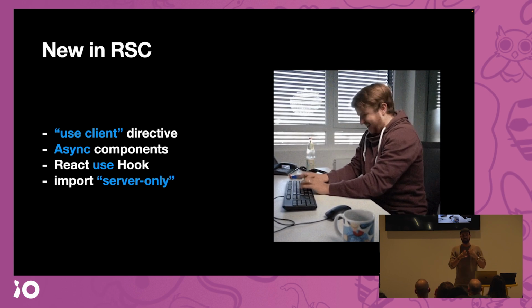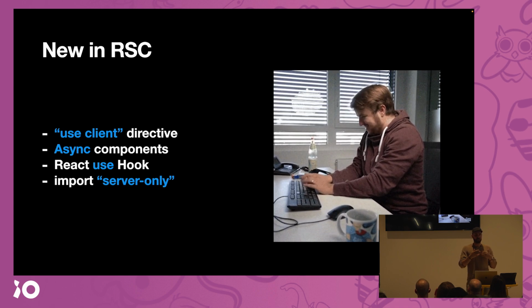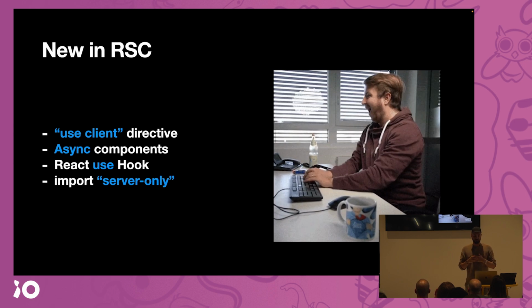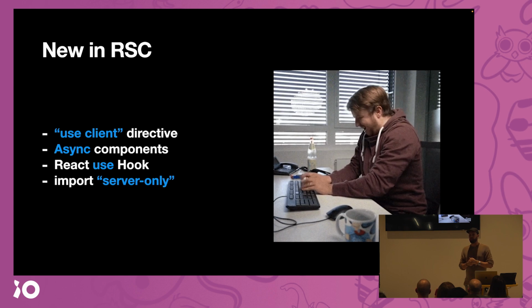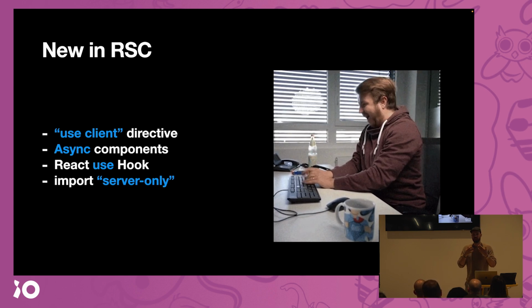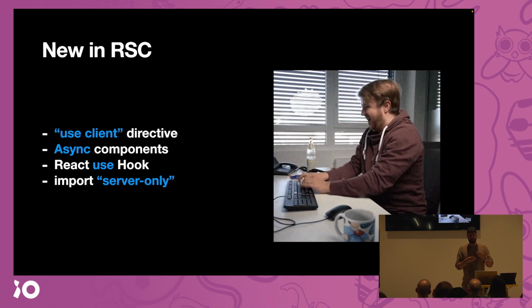It's kind of a new hook, which you can use to do some async stuff and remove useEffect and useState. And also we have this server-only import, which is there to prevent us from shipping server-only components and server-only code to our client.